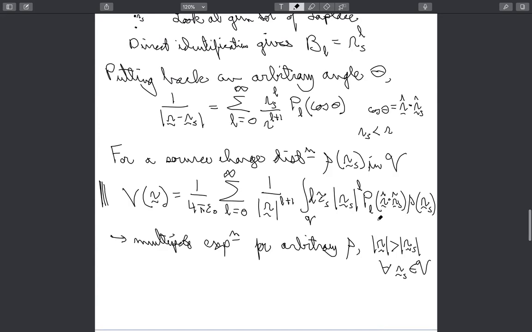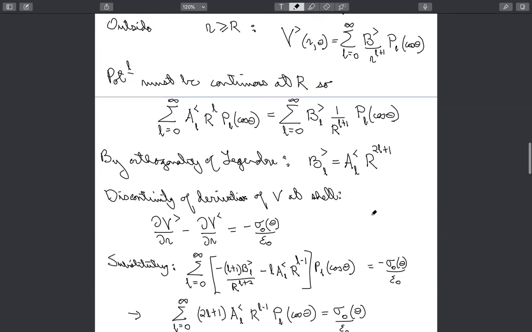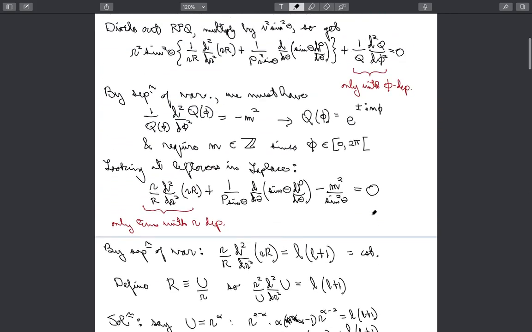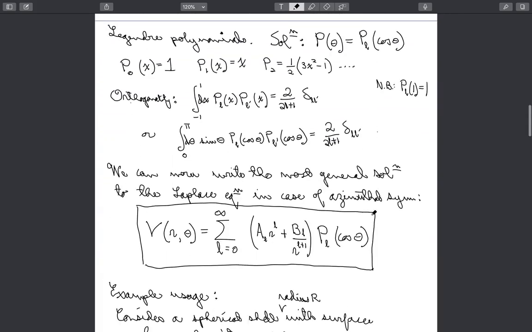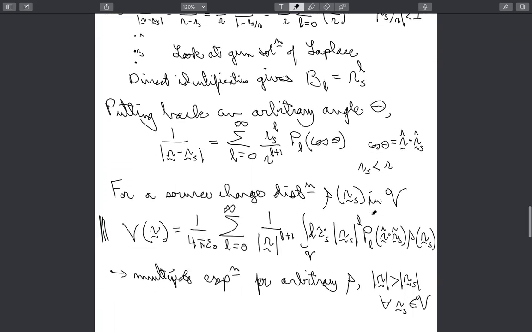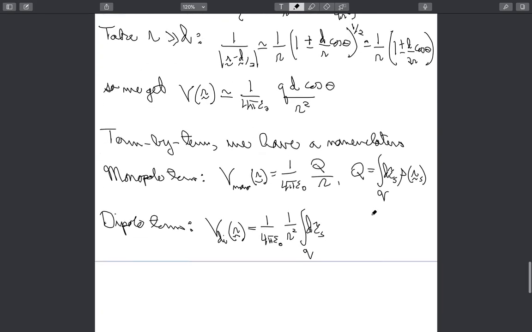So this is the first Legendre polynomial. I've got the L equals 1 term here, and we know that the first Legendre polynomial of x is just x. I wrote that somewhere yesterday. Well, actually, an hour ago for you. But I don't find it anymore.